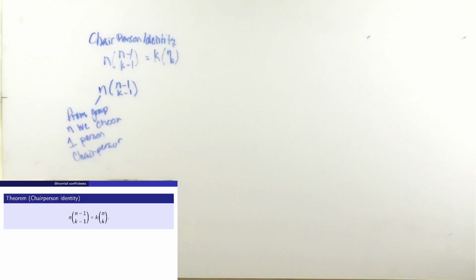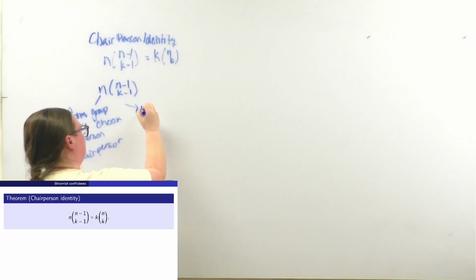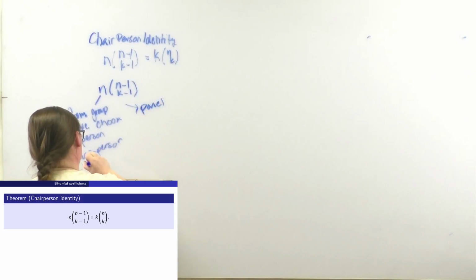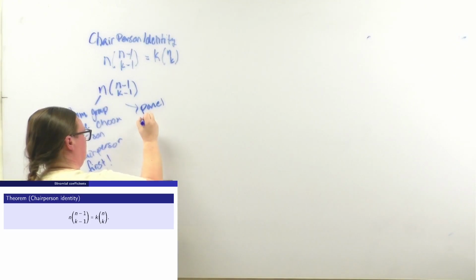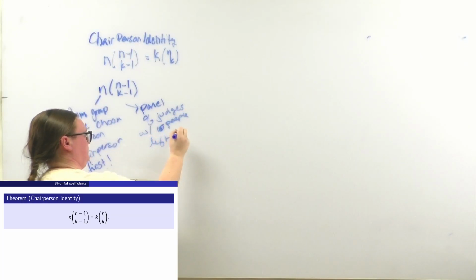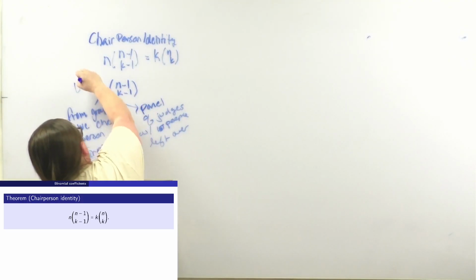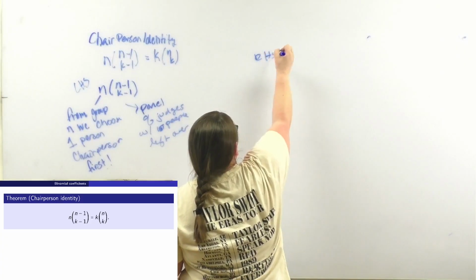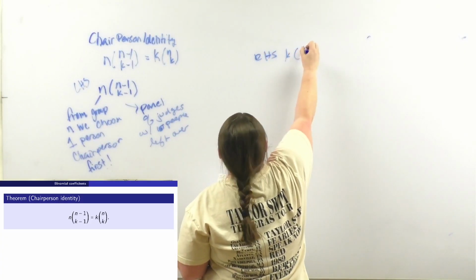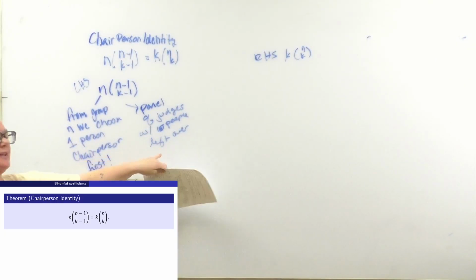And then after we choose our chairperson, we create a panel of judges with what's left over. Then the right-hand side, we have, just to rewrite it, n choose k.